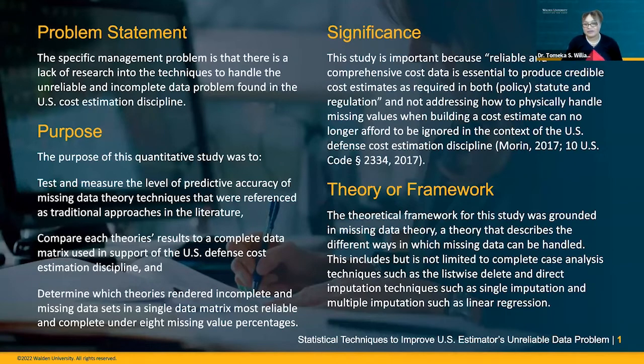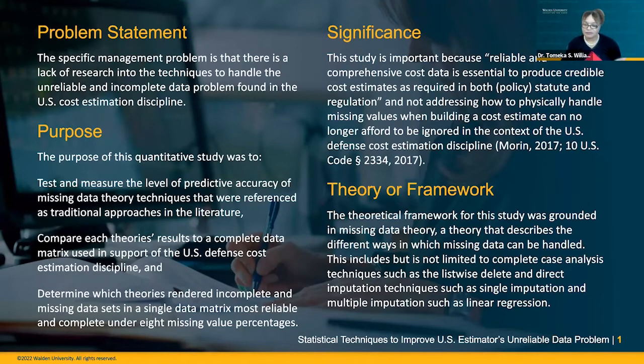When I talked about other disciplines using it, think of clinical trials when you're looking at pharmaceutical drugs, or very large longitudinal studies. Missing data happens. Unfortunately, you might have people that fall ill in a study, or if you're dealing with human beings, some may perish and they're not able to complete the study. So some of the techniques that I used in my research were borrowed from those places.